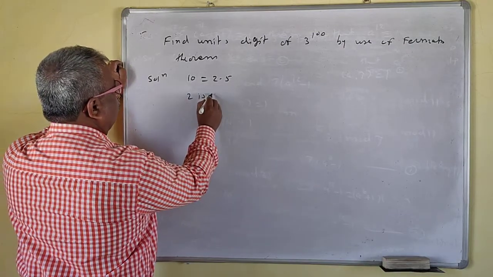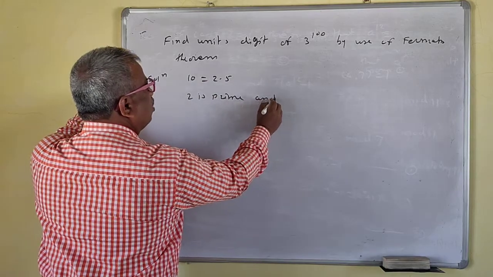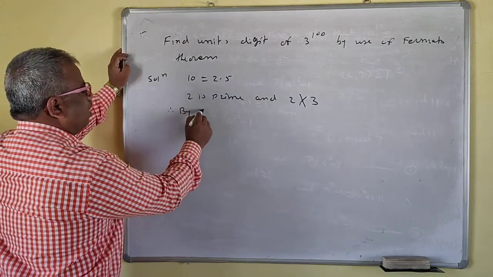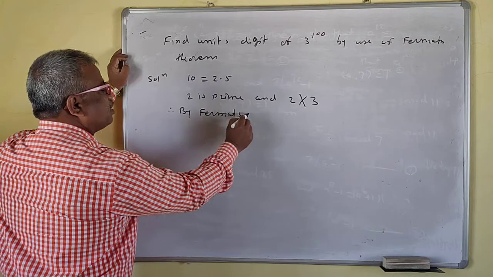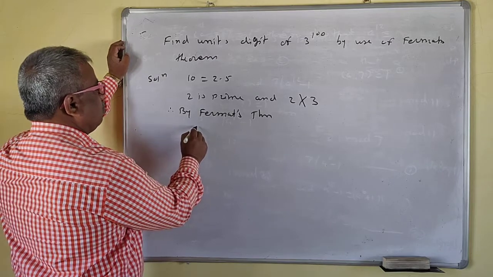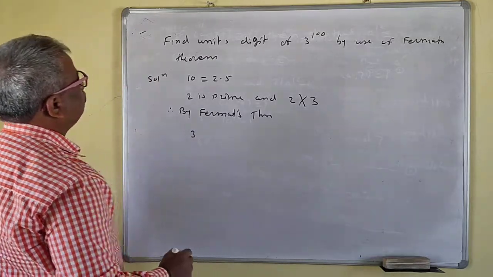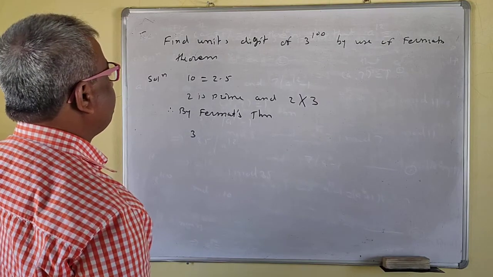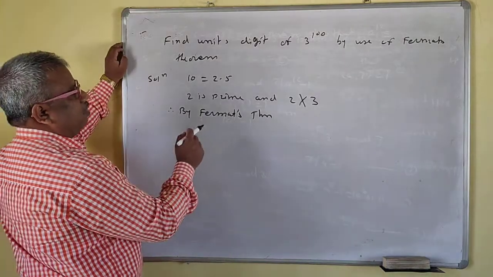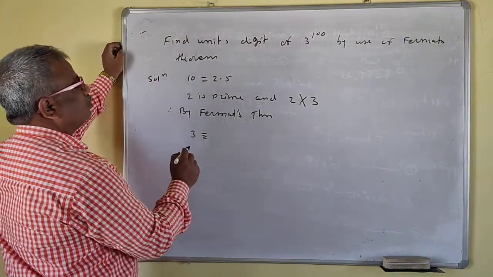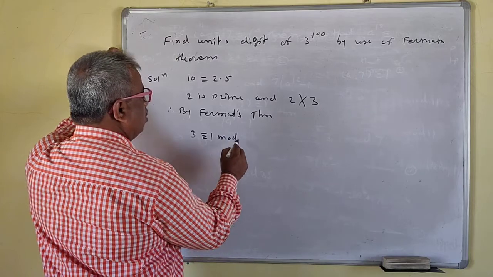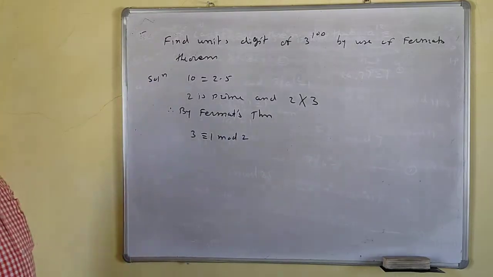2 is prime, and 2 does not divide 3. Therefore, by Fermat's theorem, 3^(p minus 1) is congruent to 1 mod 2, so 3 is congruent to 1 mod 2.